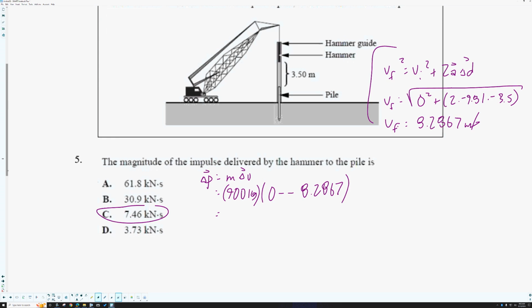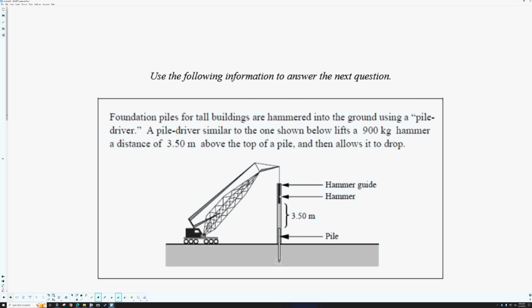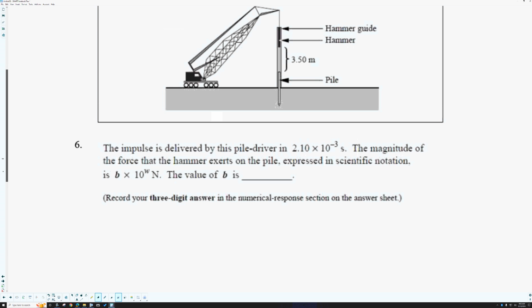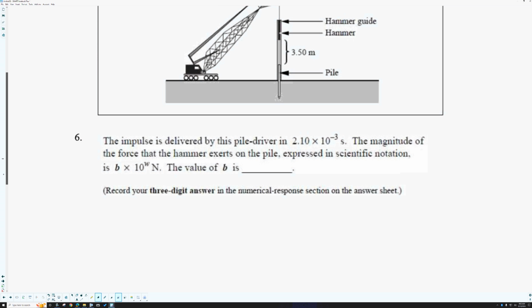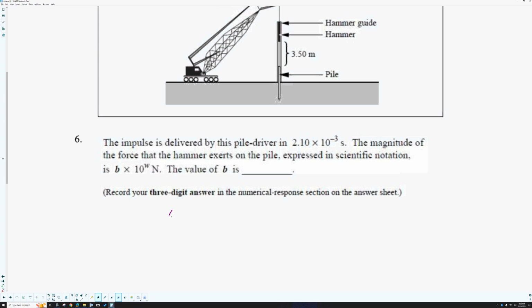And number 6, I think they just ask you for the force, isn't it? Yeah, we're looking for the force there. So delta P is equal to F times delta T, and F is equal to delta P over delta T. We really should have the unrounded number here, 7.46 times 10 to the 3, but I think we're going to get away with it here.